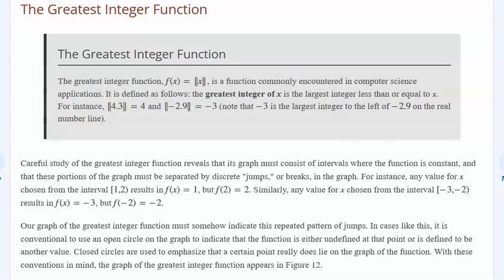Now in this next part, the greatest integer function, I'm going to ask you to pause it and read it. And I'll give you time and raise it up. Notice that the symbol for this looks like a double vertical line absolute value sort of notation.